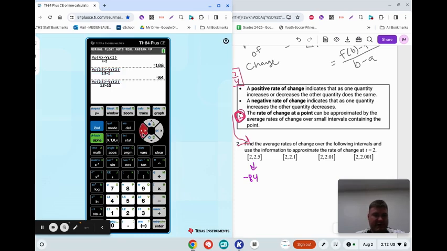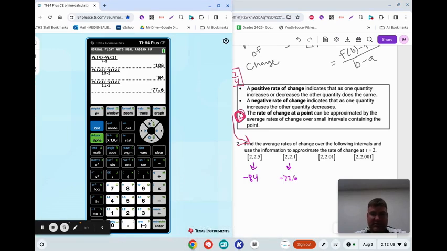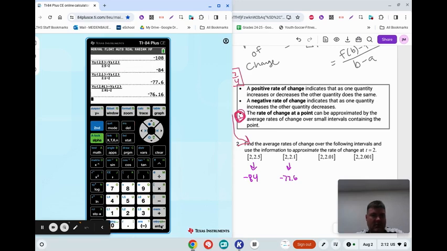Do the same thing for 2.1. I'm going to get negative 77.6. Do the same thing again, but now 0.01. So now our interval is super small. Insert a 0 in front of that. So this is going to be negative 76.16.